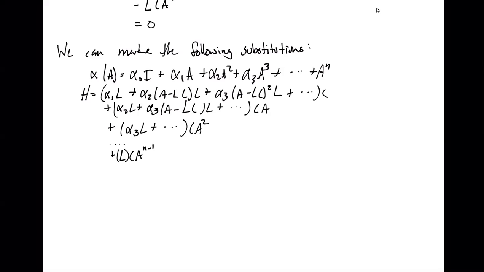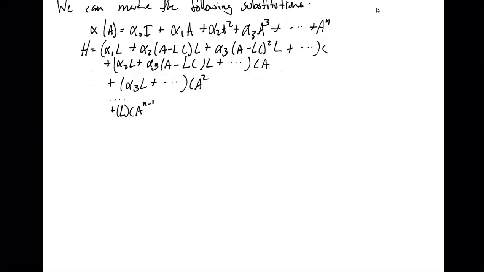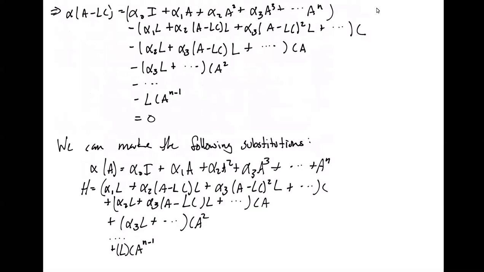And let's put this in parentheses. All right, so now we have H is equal to, if you come back up here, H is going to be equal to this guy over here. Alpha of A is equal to this top quantity here.